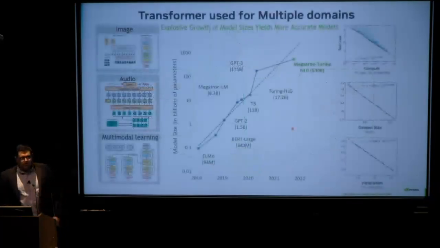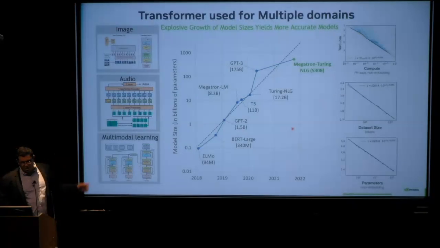And so transformer models are used for a number of domains. You may have certainly seen them for text, but there's also image, audio, and multimodal, so combining multiple different domains together, speech, audio, and text for a particular task.